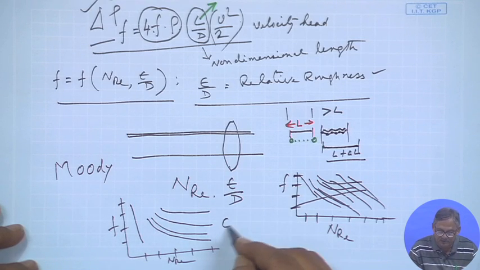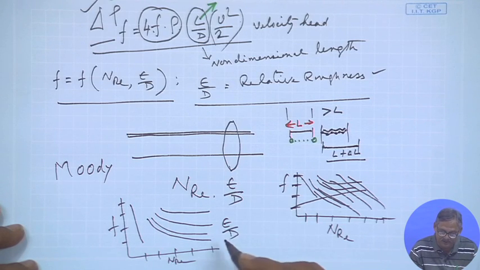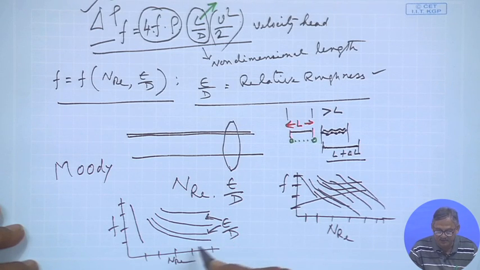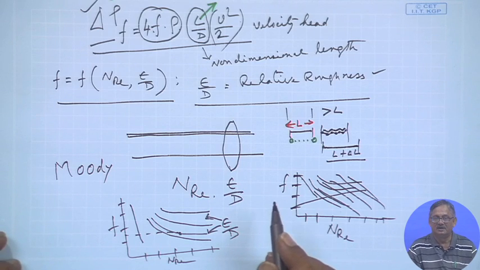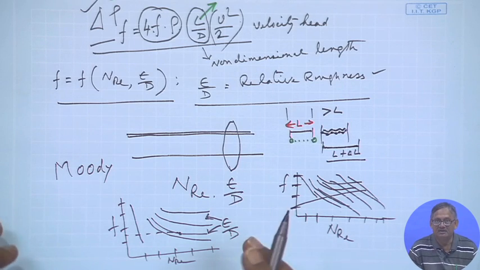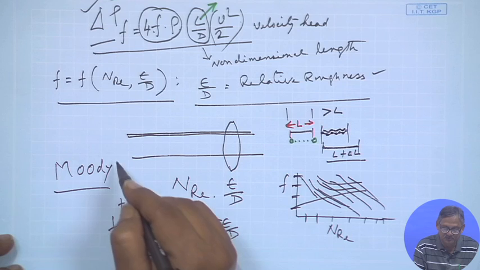So, if we know for different epsilon by d, this is one epsilon by d, this is another epsilon by d, we can locate this point and then find out the value of frictional factor, right. So, this is called Moody's chart.